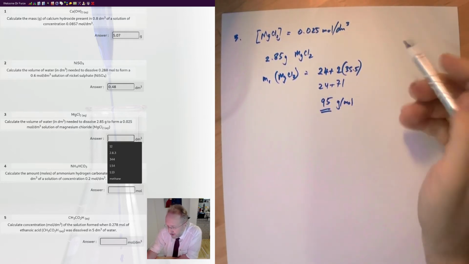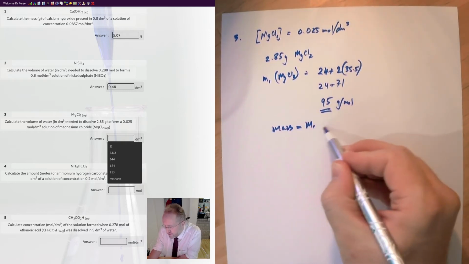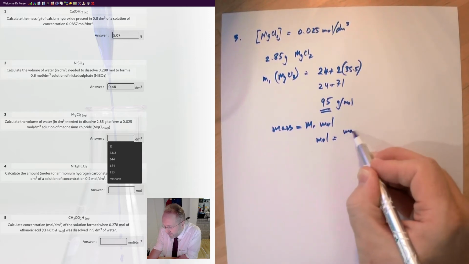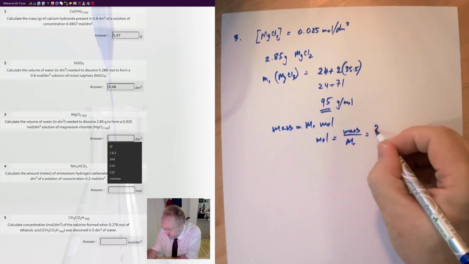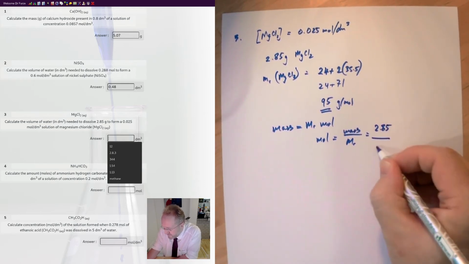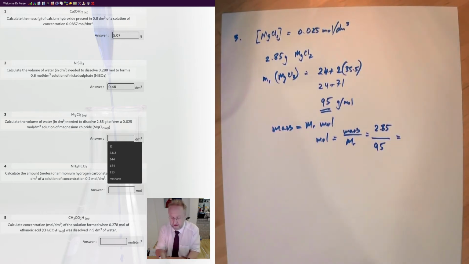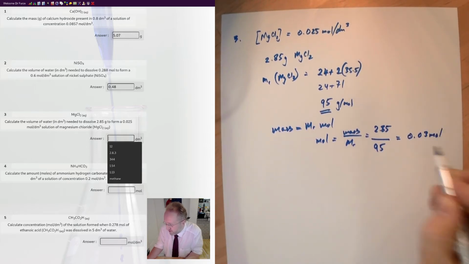Okay, so mass is equal to Mr times mole, mole is equal to mass over the Mr. So the mass we have is 2.85 divided by 95. 2.85 divided by 95 is going to be 0.03 moles.